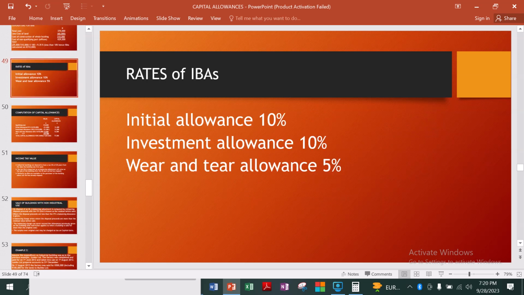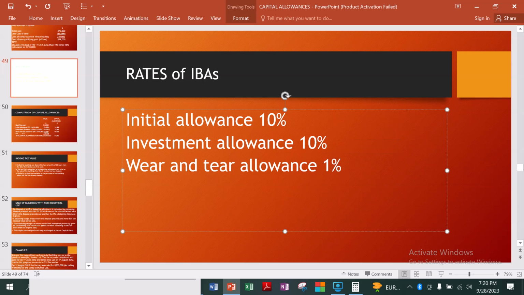For low-cost housing, the only change will be here: even wear and tear allowance will be 10%. That's the difference, so take note of that. Where wear and tear allowance is supposed to be 5%, it changes to 10%.